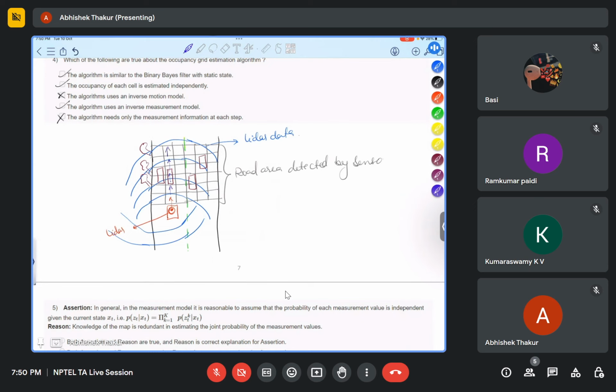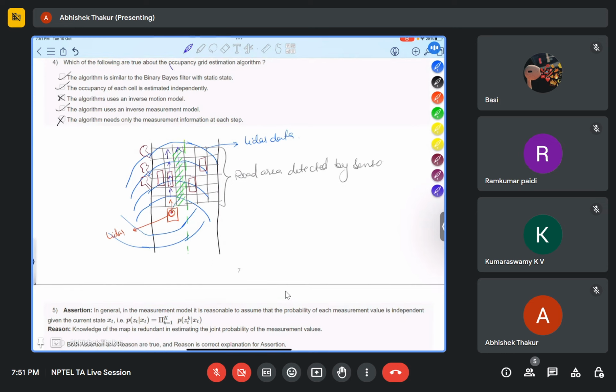Now after detecting the obstacle, it will search which grid cells are free. These grids are the free grids. So the vehicle will take the position like this. Here the occupancy grid mapping helps a lot while avoiding the obstacle. So the application of this occupancy grid estimation algorithm is to avoid obstacles while navigating.